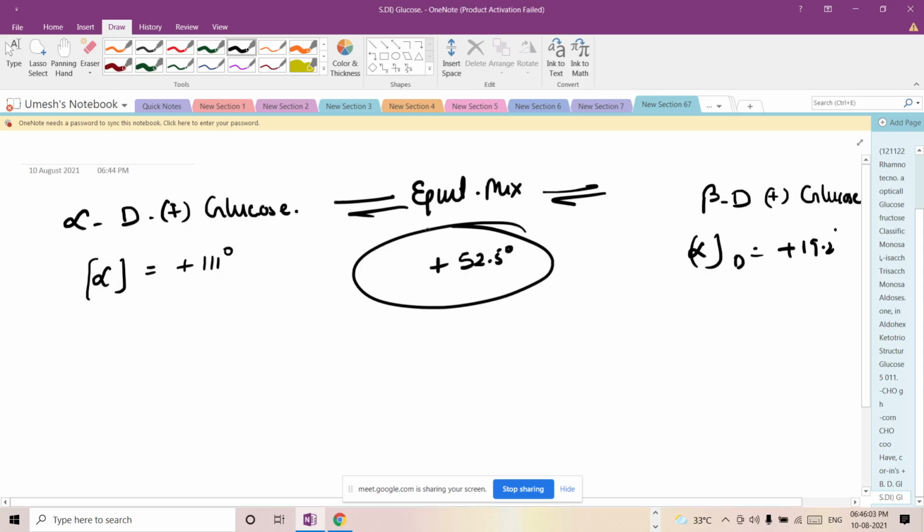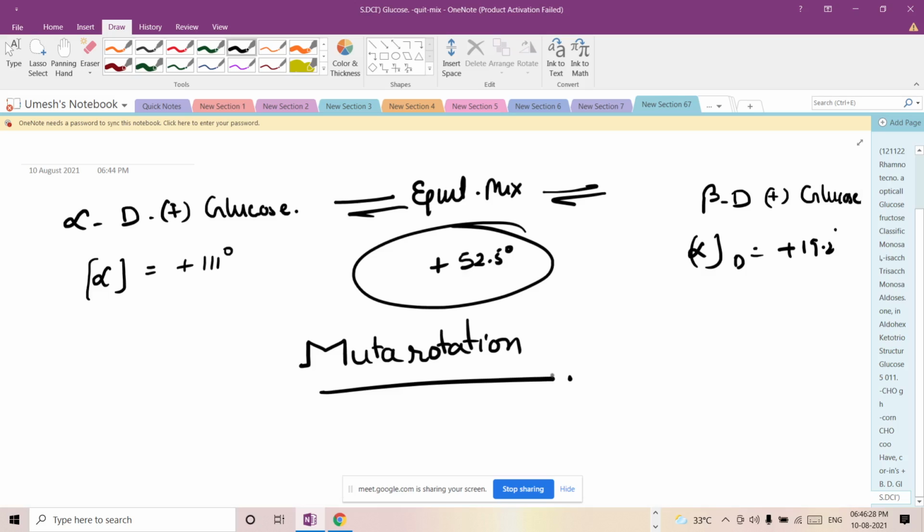This interconversion of alpha into beta and beta into alpha is called mutarotation.